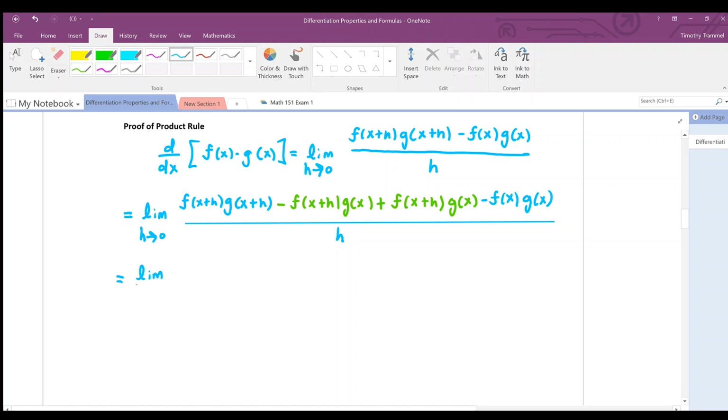So we have the limit as h goes to 0. And what I'm going to do is split up our numerator into two separate limits. We're going to have the limit as h goes to 0 of f of x plus h times g of x plus h minus f of x plus h times g of x, and then this is all over h.